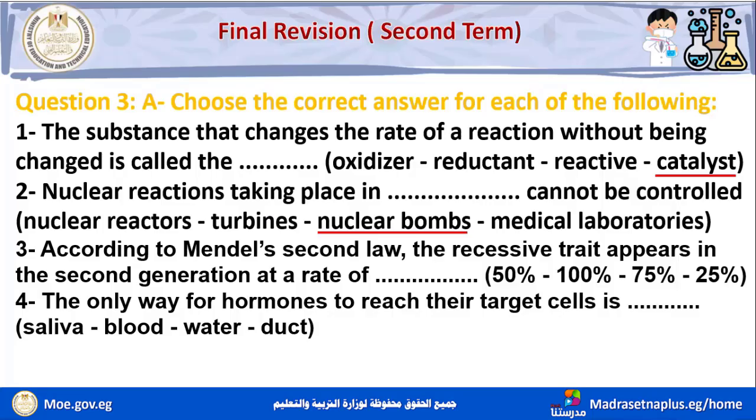According to Mendel's second law, the recessive trait appears in the second generation at a rate of 25%. Question number 4, the only way for hormones to reach their target cells is space: saliva, blood, water, duct. The only way for hormones to reach their target cells is blood.